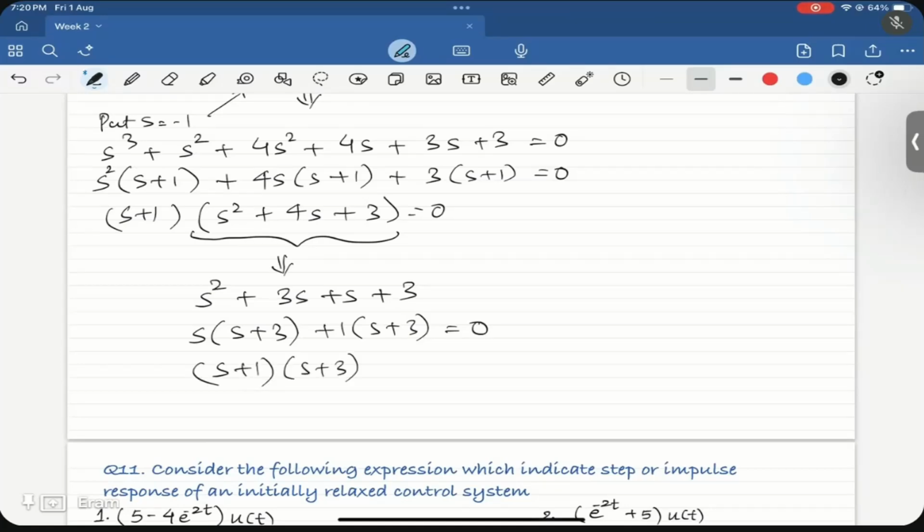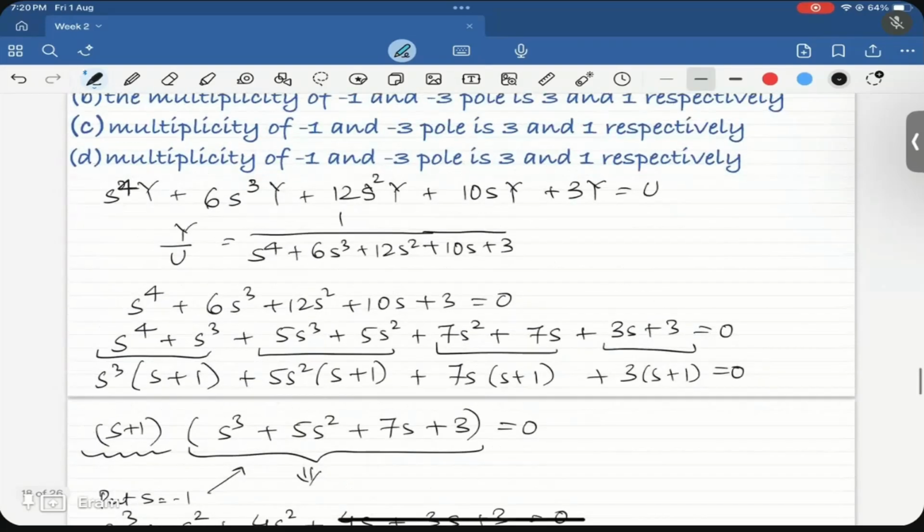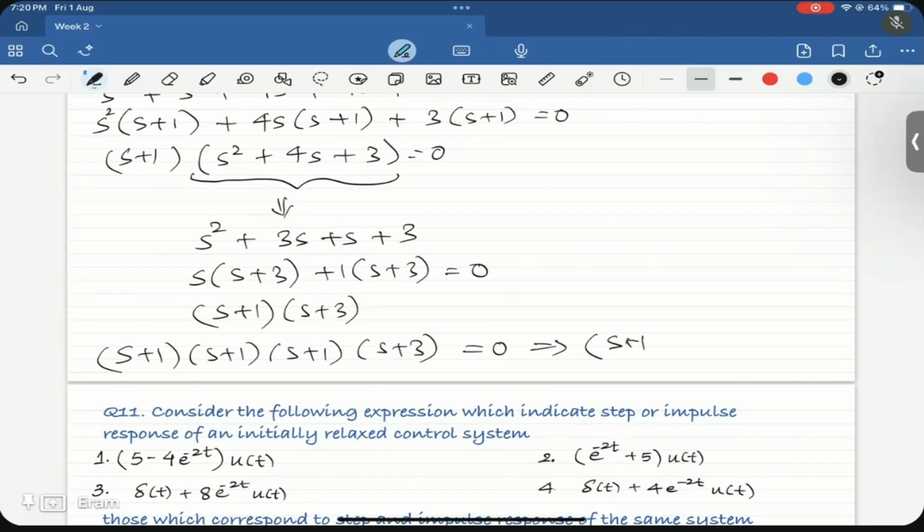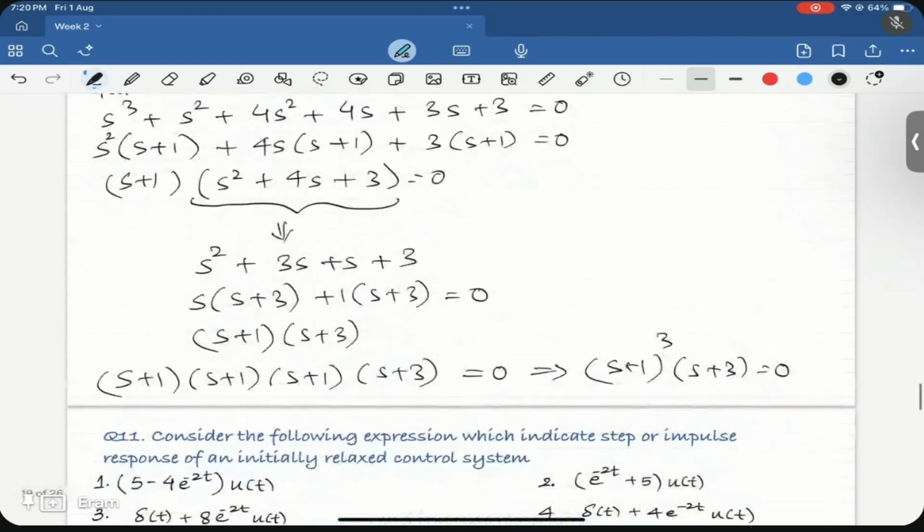So what are the factors of this polynomial? We have s plus 1 into s plus 1 into s plus 1 into s plus 3 equals 0, which can be written as (s plus 1) to the power 3 into (s plus 3) equals 0. So what are the poles?